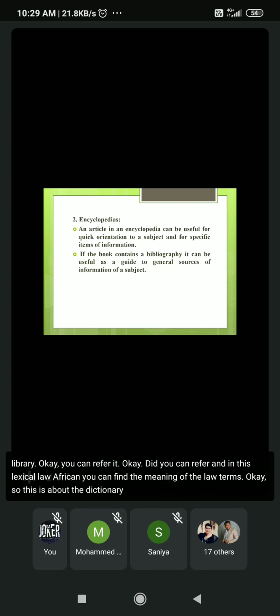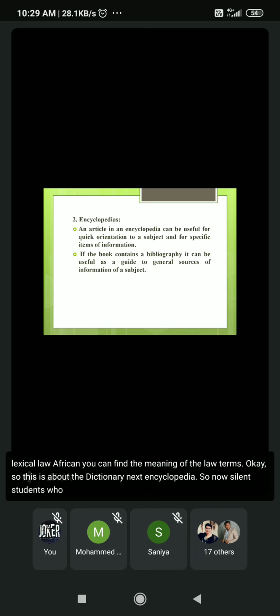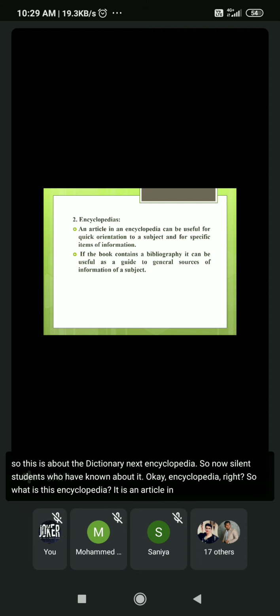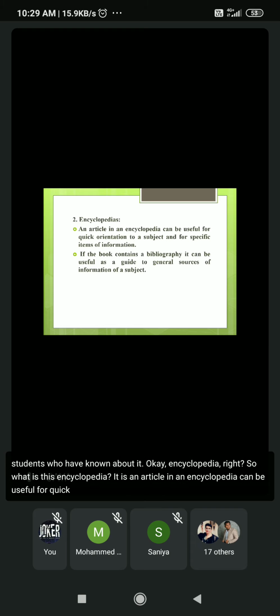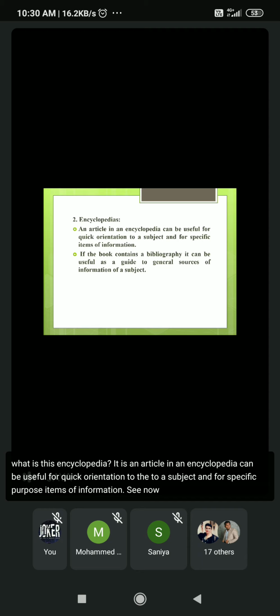Next, the encyclopedia. Science students would have known about it. What is this encyclopedia? An article in an encyclopedia can be useful for quick orientation to a subject and for specific items of information. In an encyclopedia you get information about many topics.